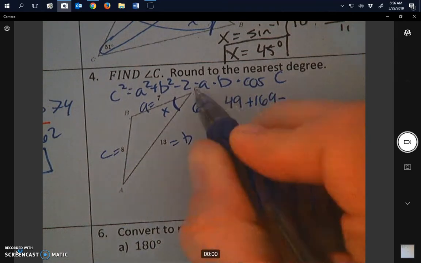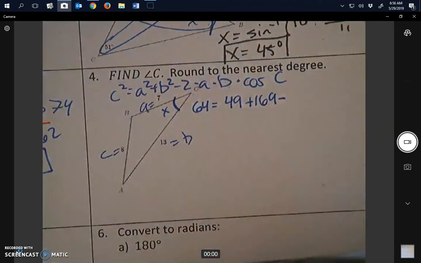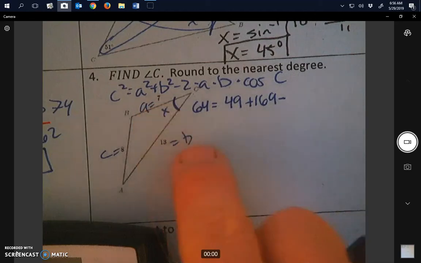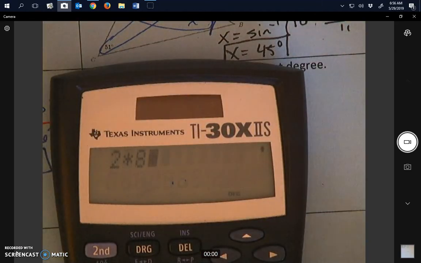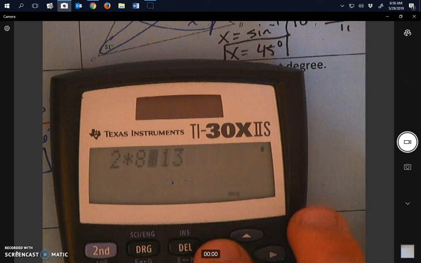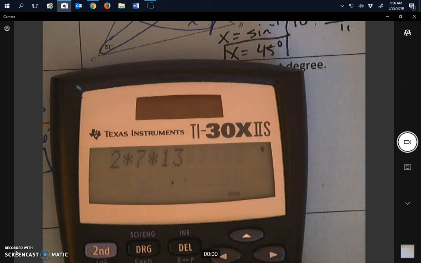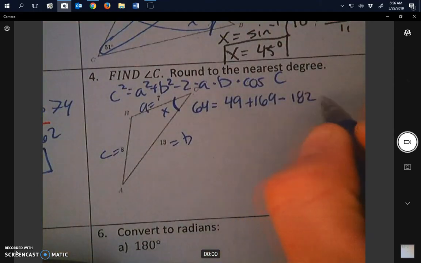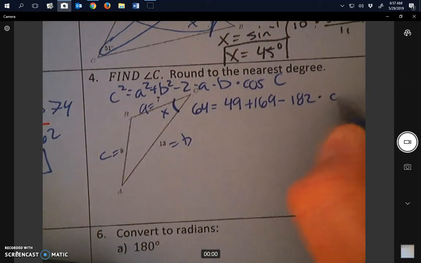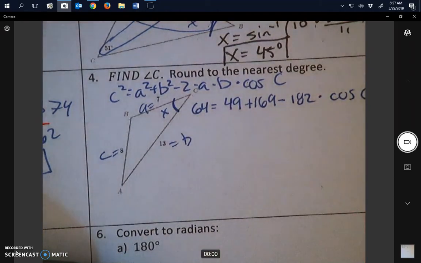Minus 2 times A times B. Okay, so remember, A is 7, B is 13. So I'm going to do 2 times 7 times 13. Oops, I hit 8. So that's 182 minus 182 times cosine of our unknown, C.